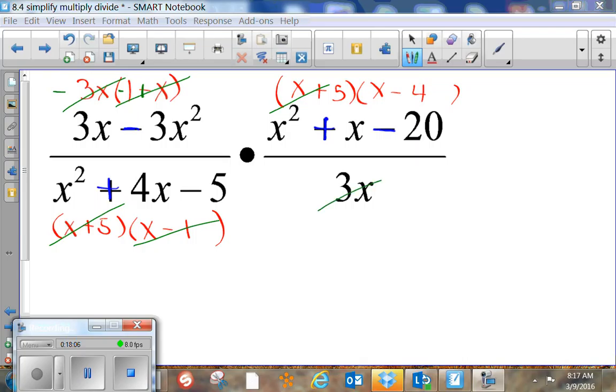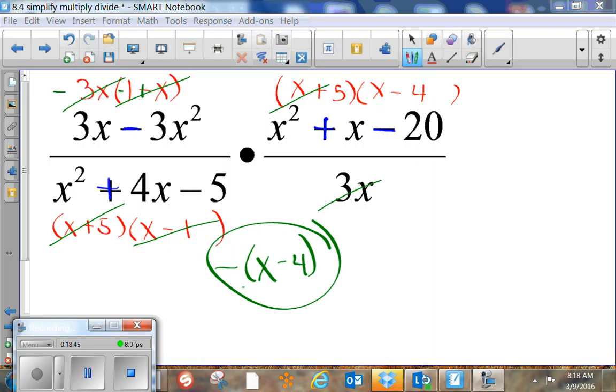Yes! 3x. Doesn't matter. This negative is just going to make the negative on the top. So on the top, I'm left with a negative x minus 4. And on the bottom, I don't have anything. So that's my answer. Negative x minus 4. When you look at the answers in the book, I don't know if they distribute it or not. I will count it good anyway.